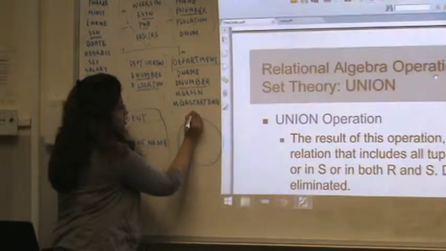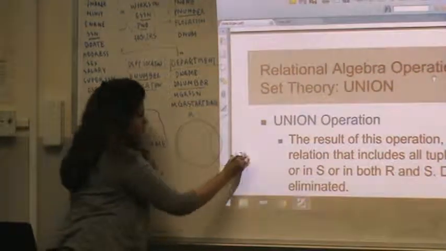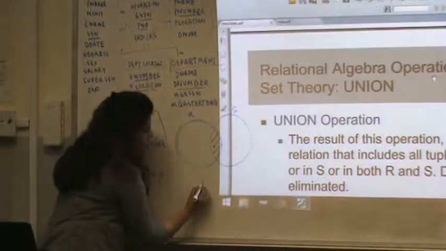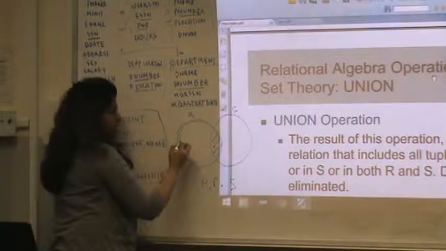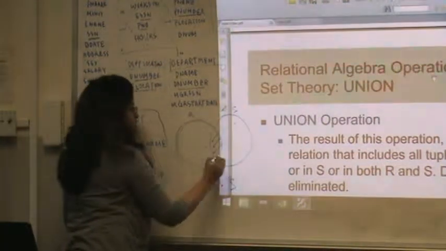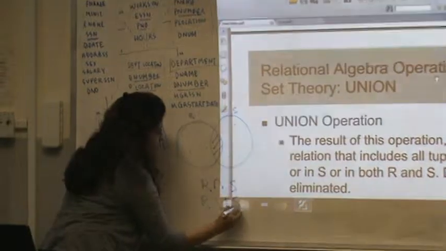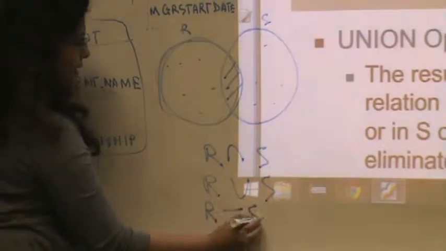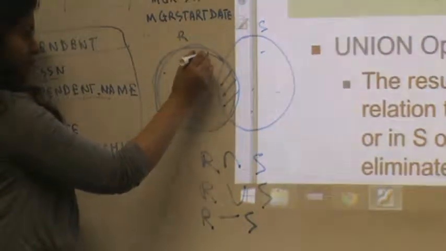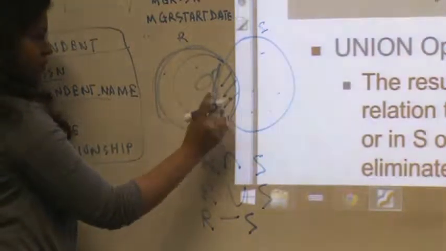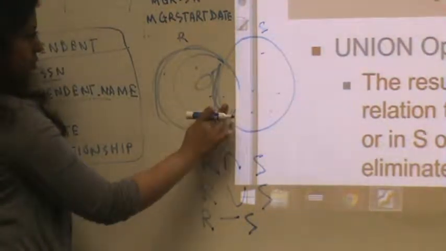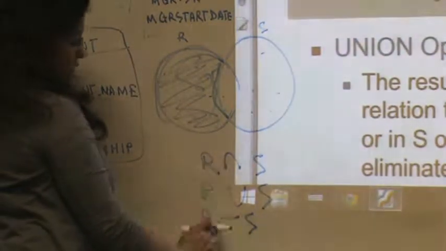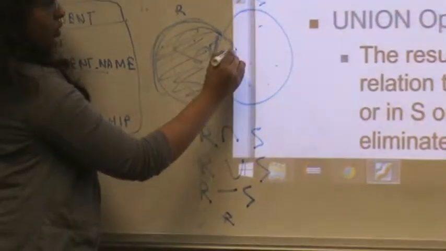This is R, and this is S. So this portion will be R intersect S, and this whole portion is R union S. And if I'm saying R minus S, then only this portion. This portion is R minus S. As well, if I need to say S minus R, then only this portion.